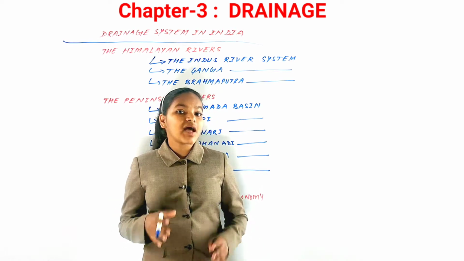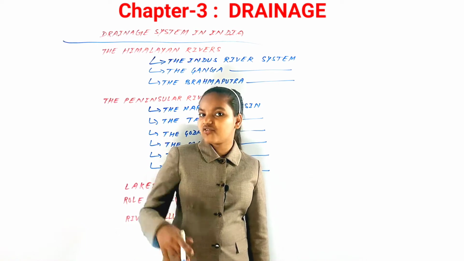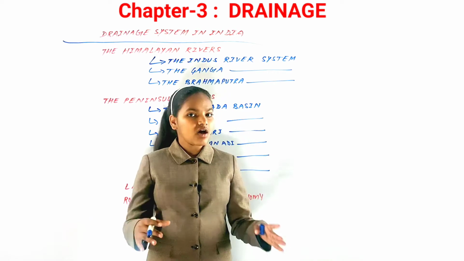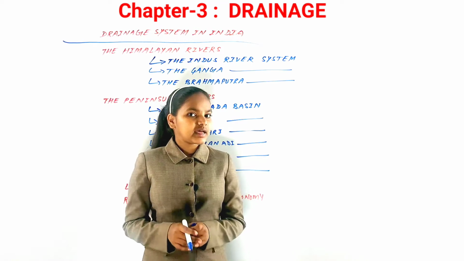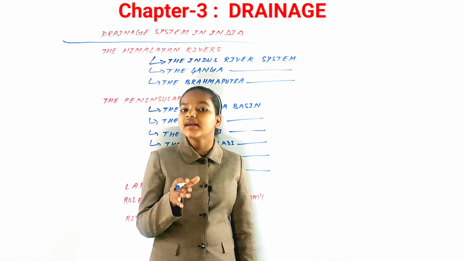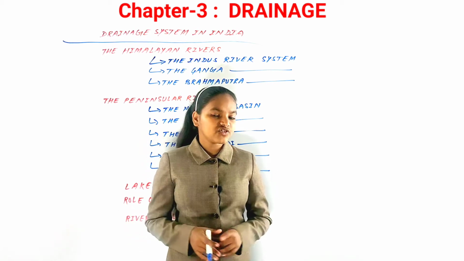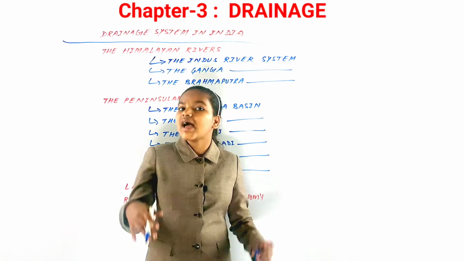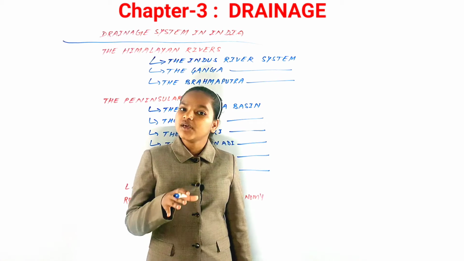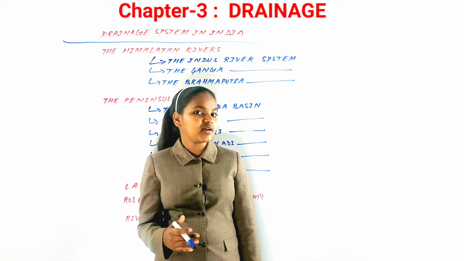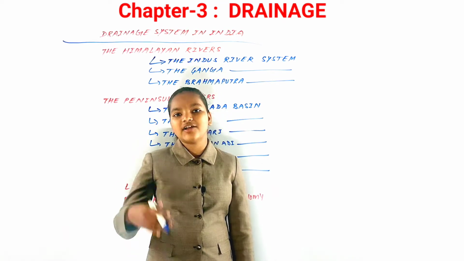Drainage pattern means the pattern in which a river is flowing, and there can be changes in the drainage patterns because of the area of the land, the underlying rock structure, and the climatic or seasonal conditions. On the basis of these factors, we can divide the drainage patterns into 4 types: dendritic, trellis, rectangular, and radial.